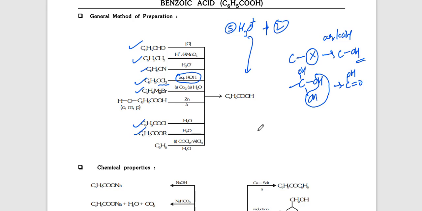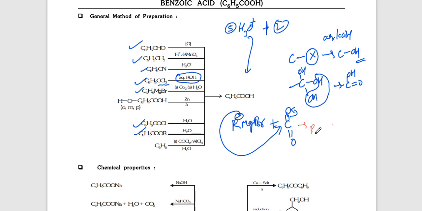Then Grignard reagent. This Grignard reagent RMgX, RMgBr, is reacting with C double bond O, carbon dioxide. Already we discussed this in the aliphatic compounds. Again, once we can discuss here.